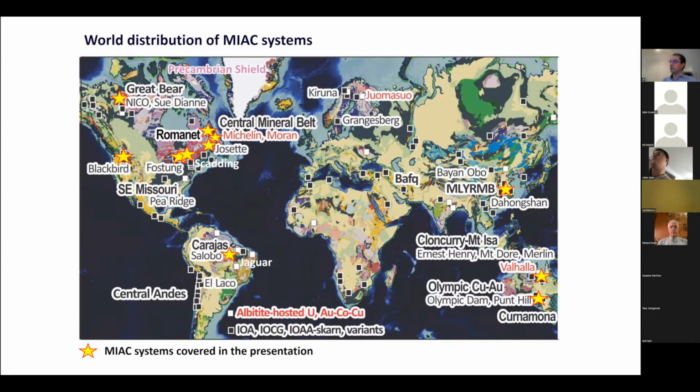So going to the north of the country, the Great Bear Magmatic Zone, on the eastern part of the country the Central Mineral Belt, the Grenville Province, the Southern Province, in the United States the Idaho Cobalt Belt, in Brazil the Carajás District, in Australia the Cloncurry District and also the Gawler Craton, and then in China as well. Some examples are going to be presented.